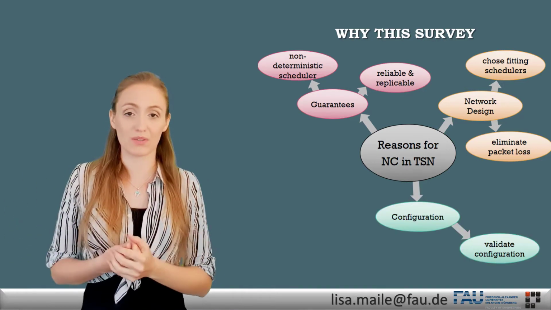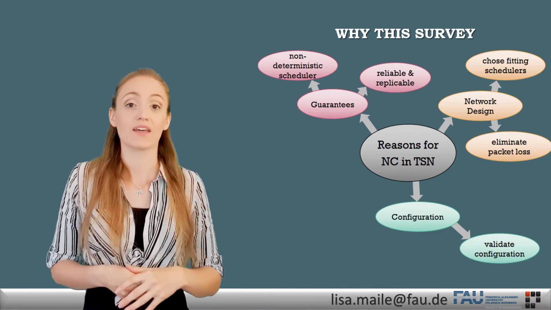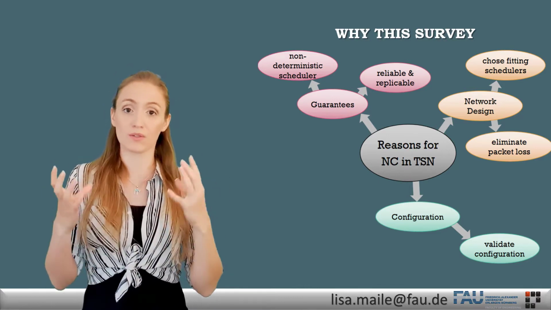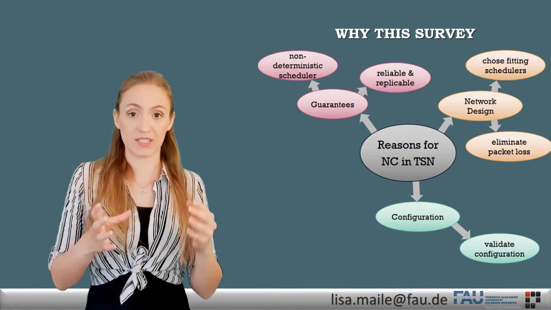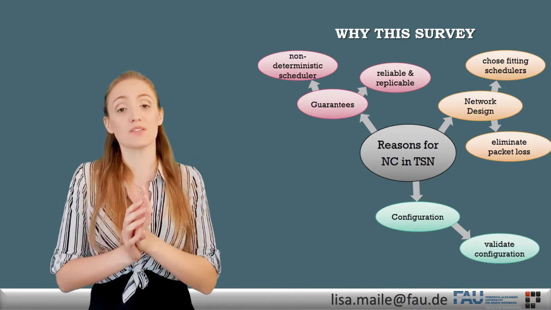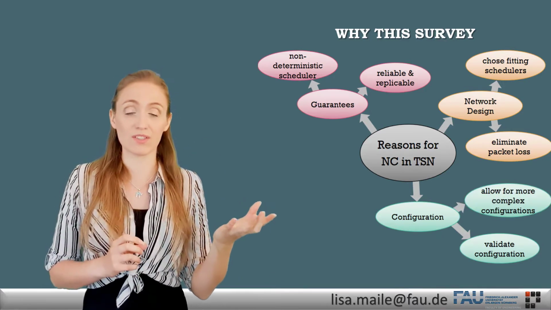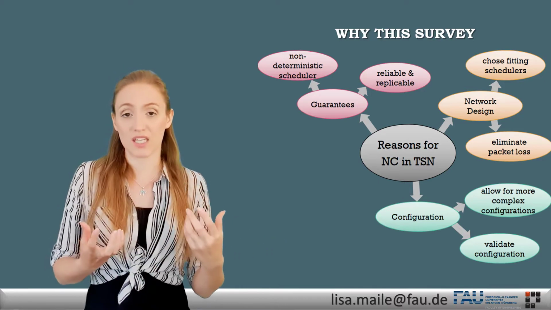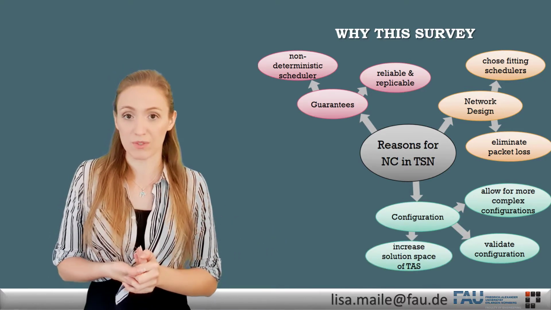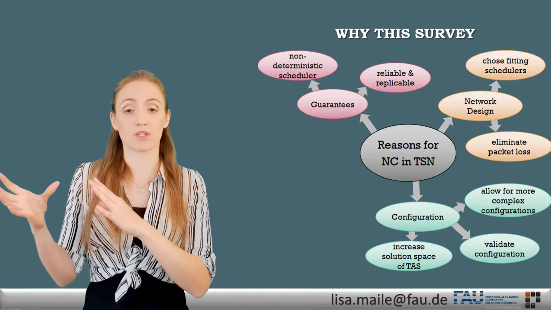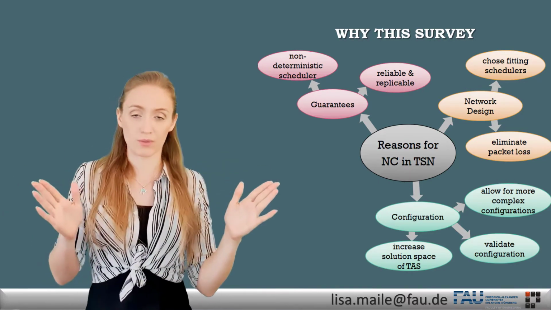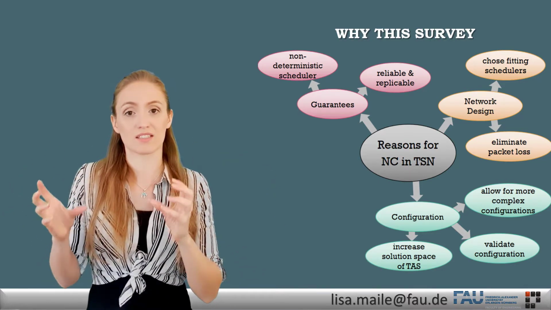Maybe the coolest part of it is the configuration part. We can validate if our current configuration meets all requirements. We can also use more complex schedulers and configurations. For example, in the time-aware shaper, currently all configuration approaches strictly separate flows, so the delay analysis is simple.